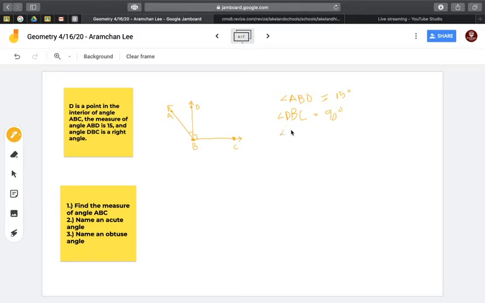Writing it down, angle ABD plus angle DBC equals angle ABC.